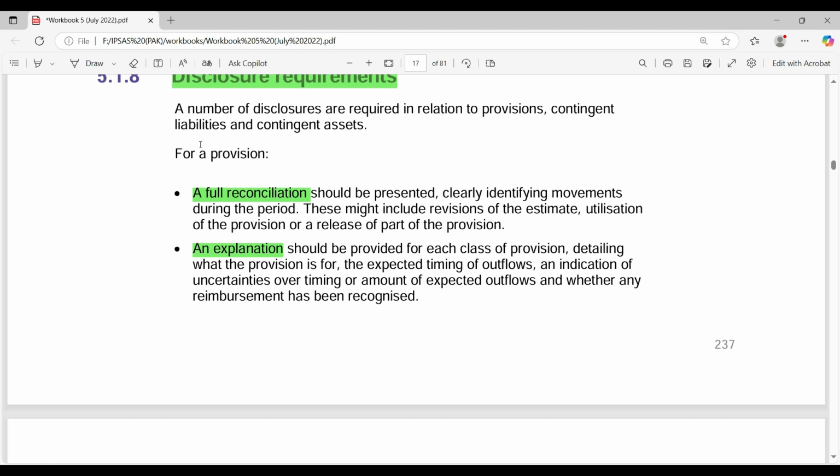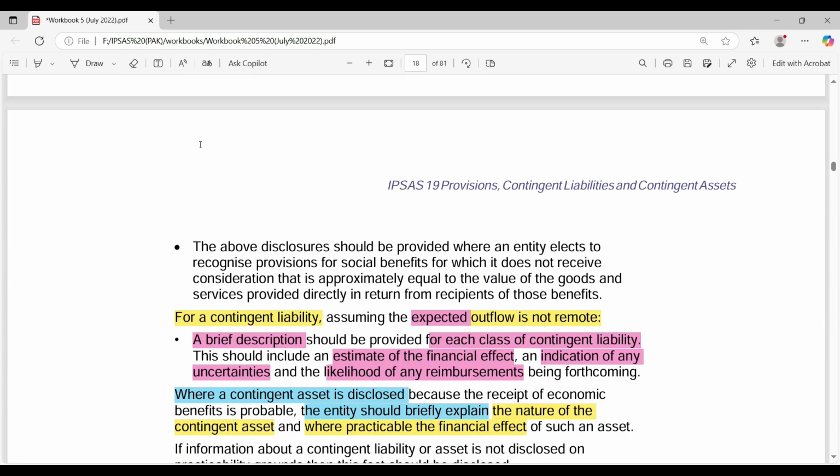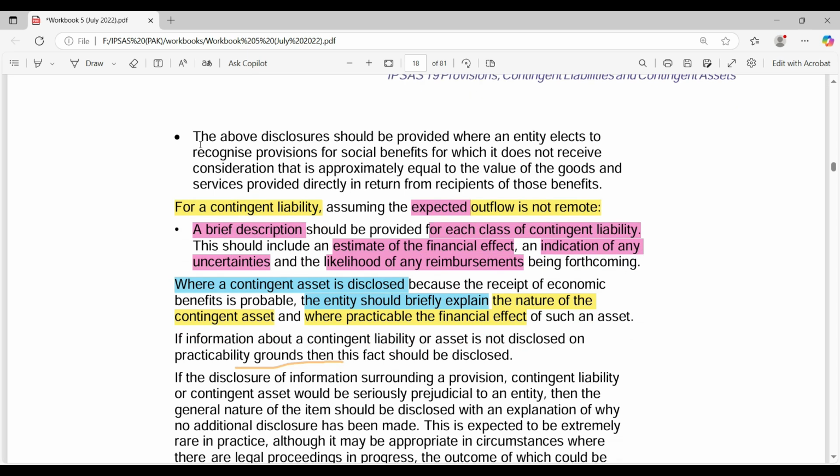An explanation should also be provided for each class of provision, detailing what the provision is for, expected timing of outflow, indications of uncertainties about timing or amount of expected outflows, and whether any reimbursement has been recognized. And for contingent liabilities, assuming that expected outflow is not remote, a brief description for each class of contingent liabilities should be provided.